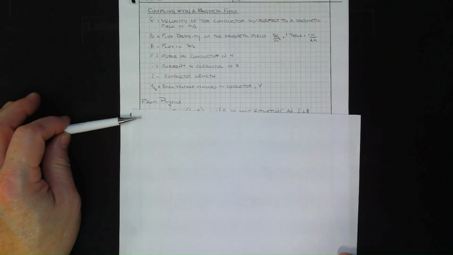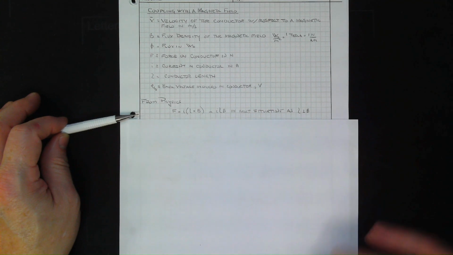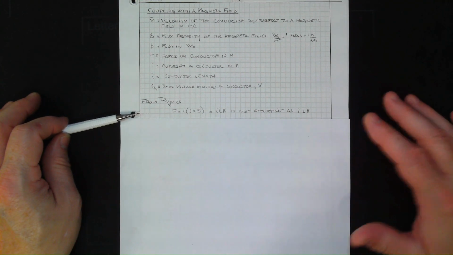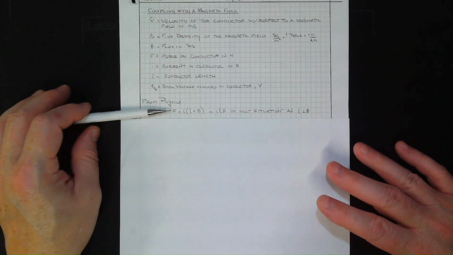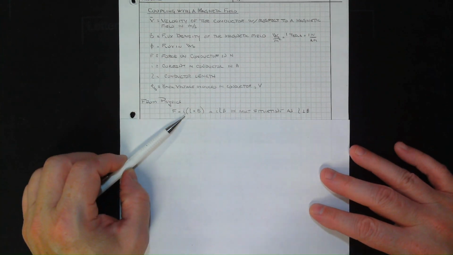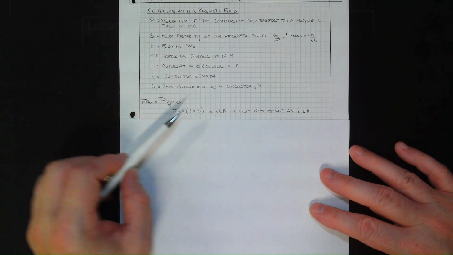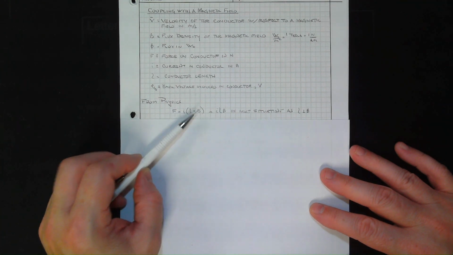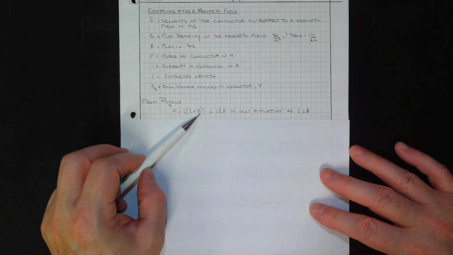So, from physics, here are some things that hopefully you've seen. The force in a conductor is given by the current times the length of the conductor through the magnetic field, cross the magnetic field.